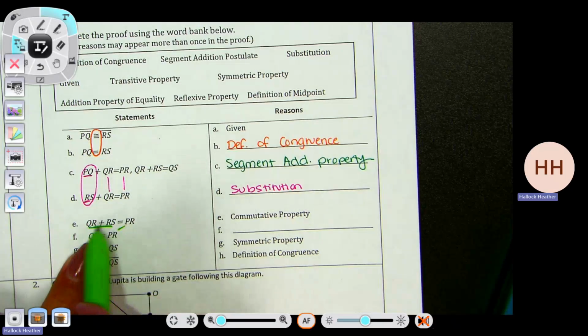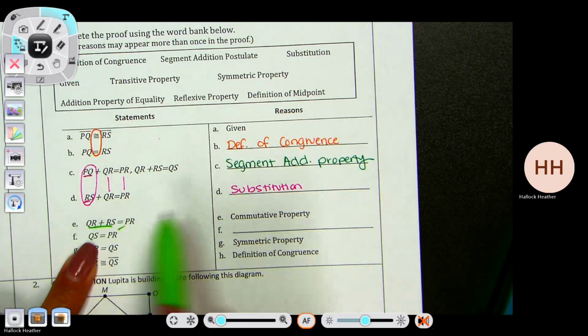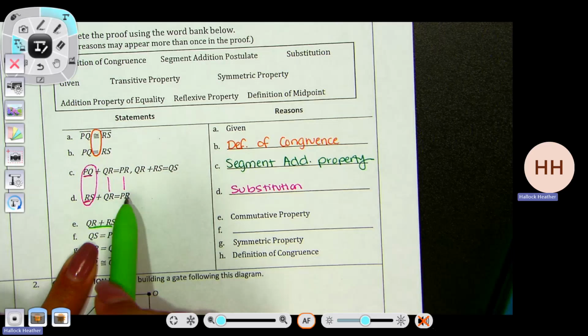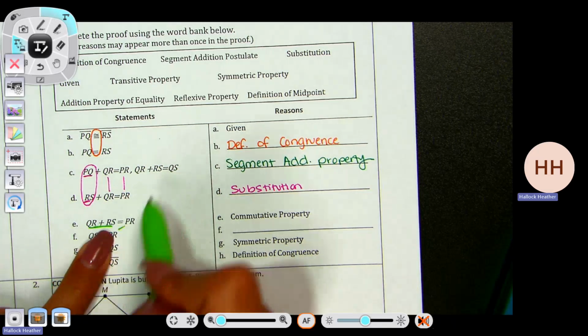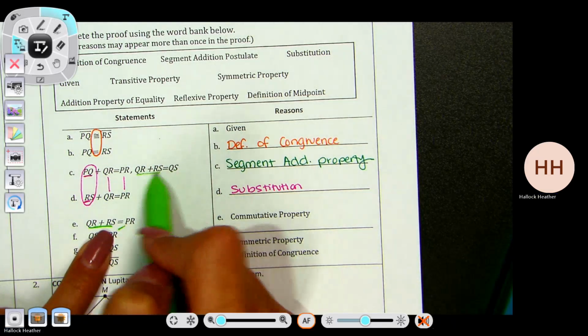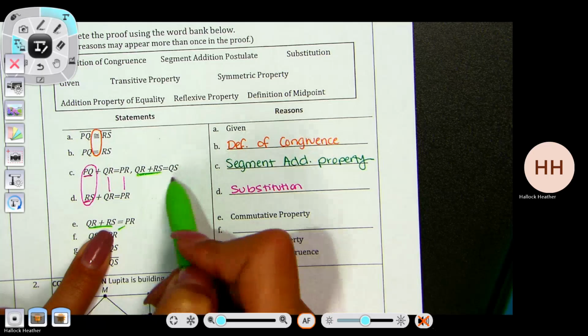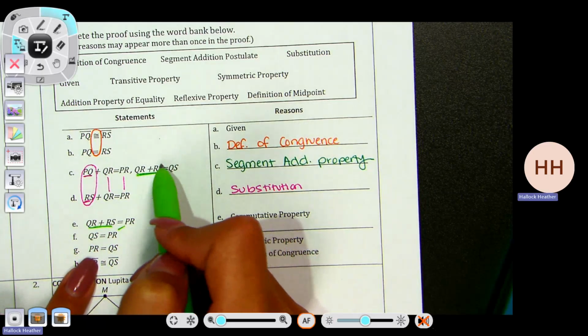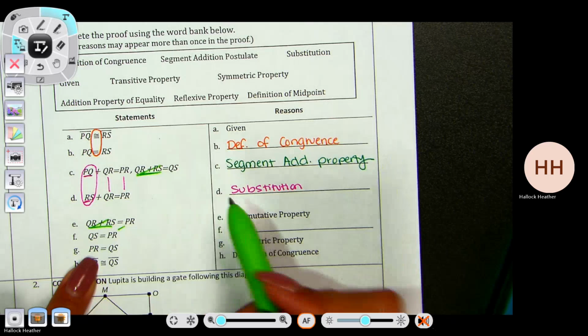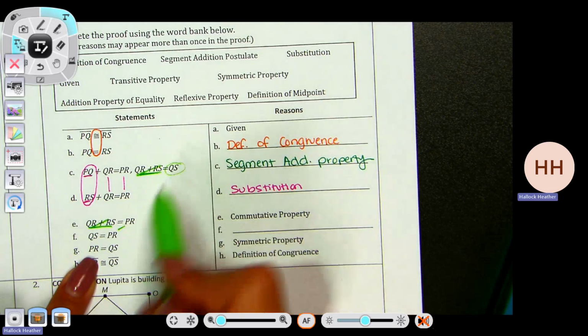If I look for the same thing, that's different. This right here, QR plus RS is QS. So we're crossing off what's the same, and we're setting these two equal to each other.